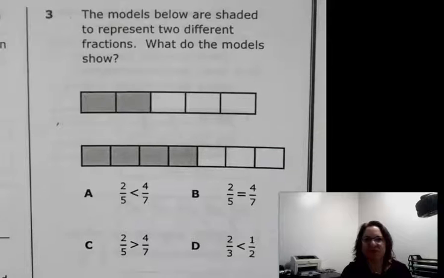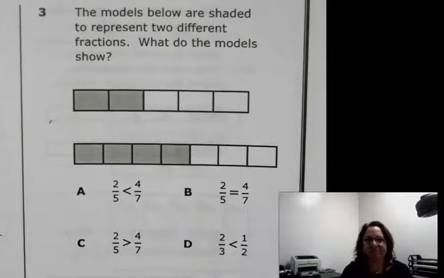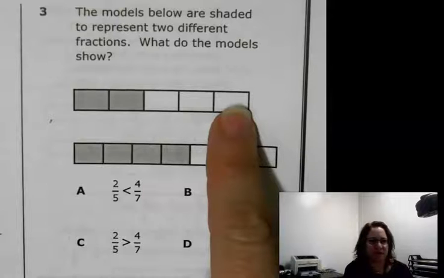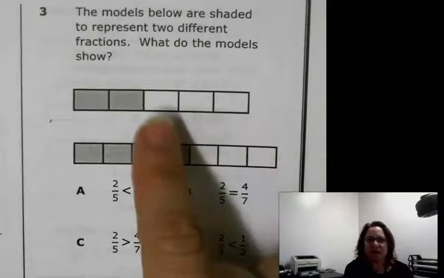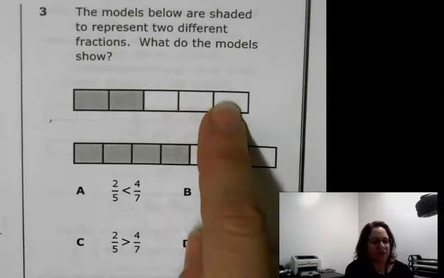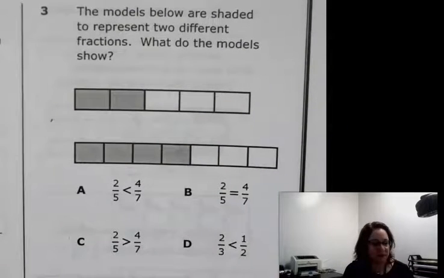All right, one more. The models below are shaded to represent 2 different fractions. What do the models show? Okay, so we just need to figure out the denominator and the numerator. And let's see, we're talking about the shaded pieces this time. So 1, 2, 3, 4, 5. 2 of them are shaded, so we're dealing with 2/5.